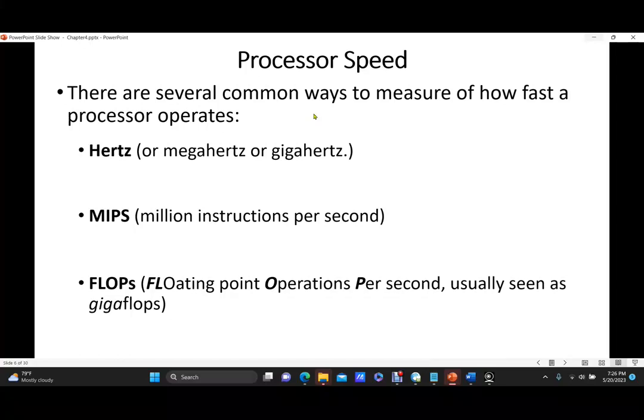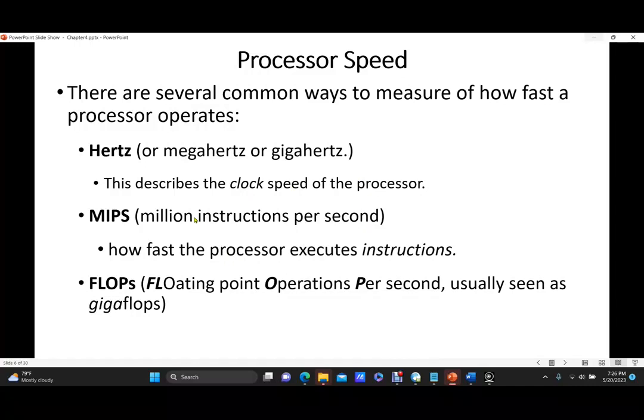There are several common ways to describe how fast a processor operates: hertz, megahertz, or gigahertz; MIPS, millions of instructions per second; flops, floating point operations per second; gigaflops. Hertz describes the clock speed of the processor.